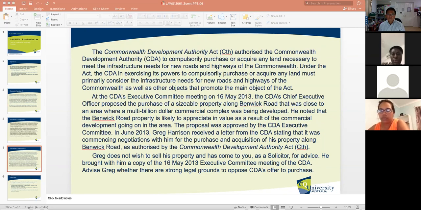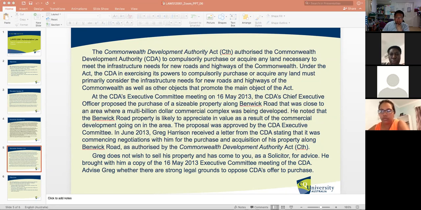In June 2013, Greg Harrison received a letter from the CDA stating that it was commencing negotiations with him for the purchase and acquisition of his property along Benwick Road, as authorised by the Commonwealth Development Authority Act. Greg does not wish to sell his property and has come to you as a solicitor for advice. He brought with him a copy of the 16th of May 2013 Executive Committee meeting of the CDA. Advise Greg whether there are strong legal grounds to oppose CDA's offer to purchase.